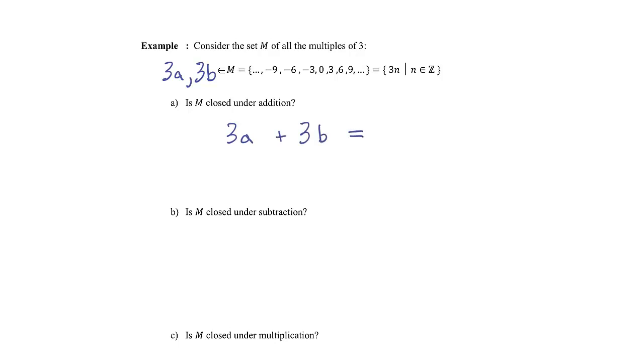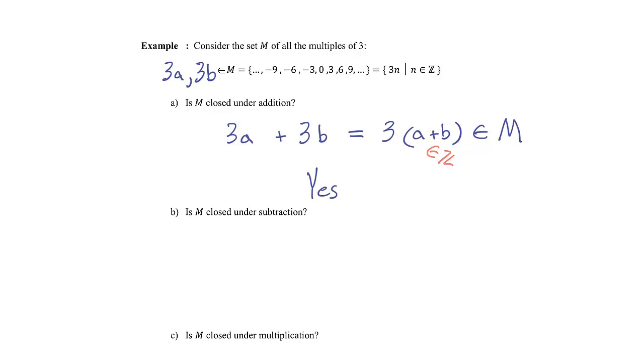And we notice we can factor out a 3, and we get a plus b in the brackets. So a plus b represents an integer. If we take an integer and multiply it by 3, we get another multiple of 3. So indeed, we ended up back in our set M. So the answer is yes.